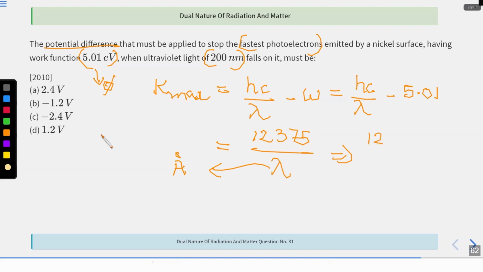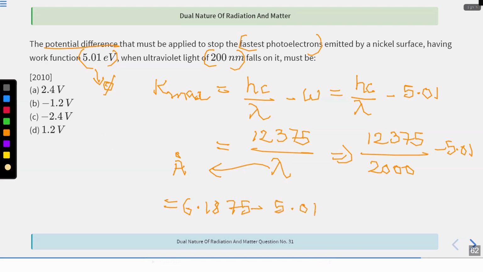So I'll write this to be 12375 divided by 2000 angstrom, and minus 5.01. So I get this to be 6.1875 minus 5.01, and that is approximately 1.2 volt.